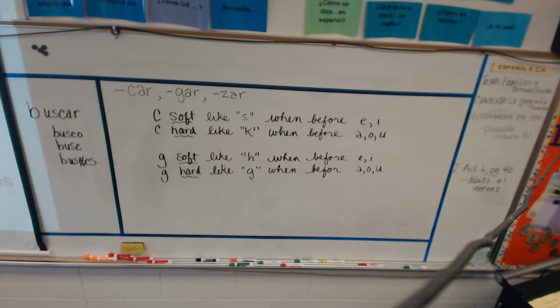All right. Now the next thing we need to consider is what to do when we have an object pronoun with the command. Remember, when the command was affirmative, we attached that pronoun right to the end of the affirmative command. Remember that? That's not what we're going to do with negatives. Tell your partner what you think we're going to do with the negatives.